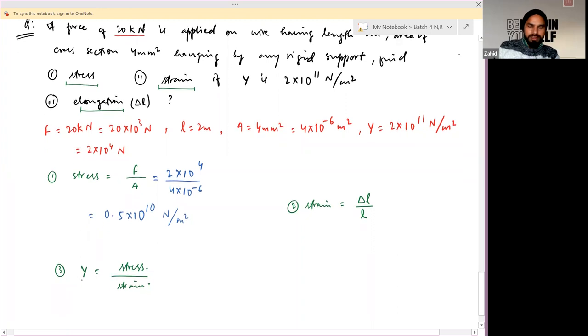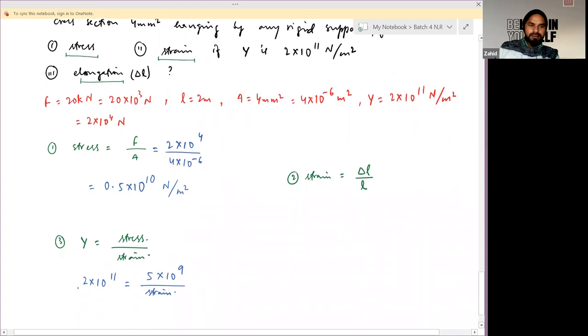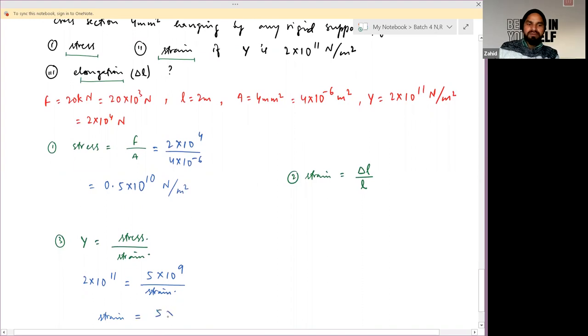Now, using this third equation, as we have value for Young's modulus, which is 2 into 10 to the power 11 equals to the stress we have calculated, 5 into 10 to the power 9, divided by strain. So if you move strain to left hand side and 2 into 10 to the power 11 to right hand side, you will get strain equals to 5 into 10 to the power 9 divided by 2 into 10 to the power 11.